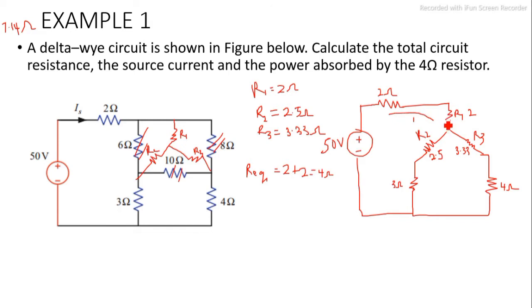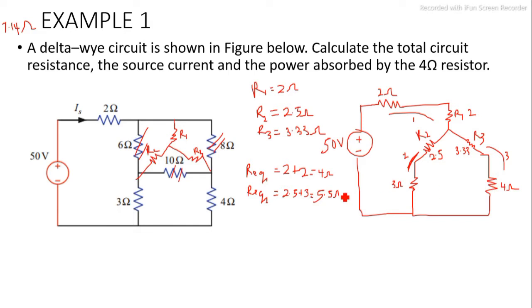Same current will flow through them. Also, these two are in series, no branch. So R equivalent 2 is 2.5 plus 3, which is 5.5 ohms.